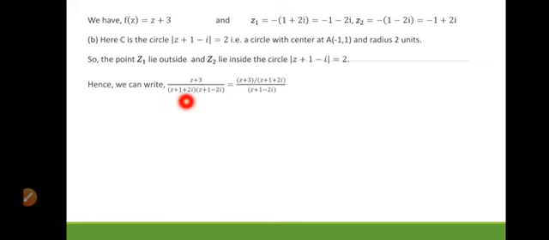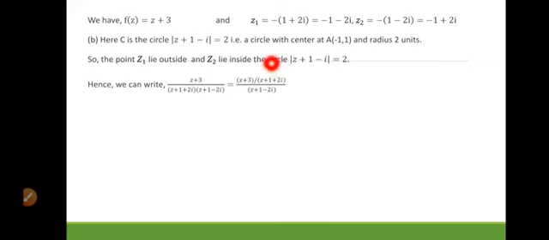So we have to write this term in the numerator without changing its value. That is, it should be in the denominator, but it should be written along with the numerator, and the denominator should contain the factor which is related with the point z2, which is lying inside the circle.